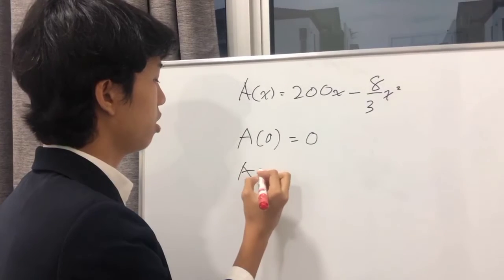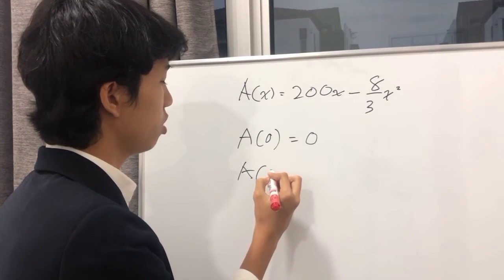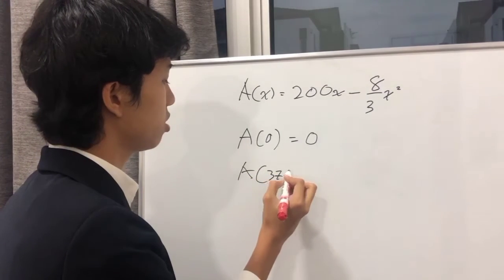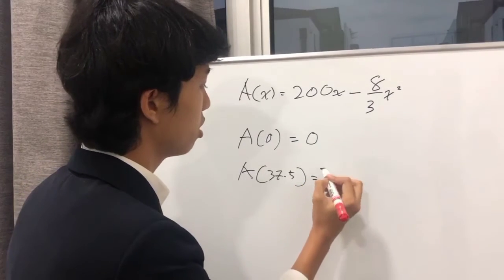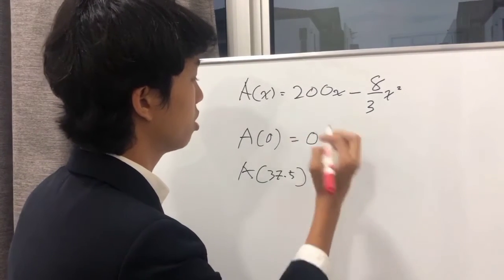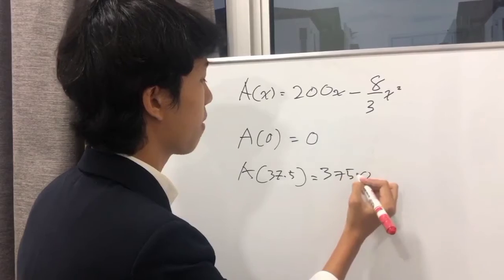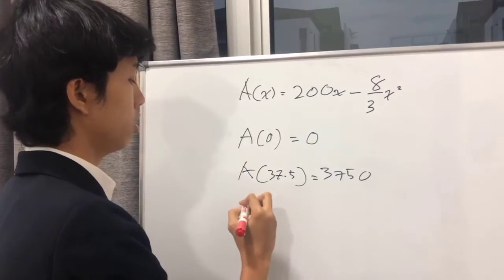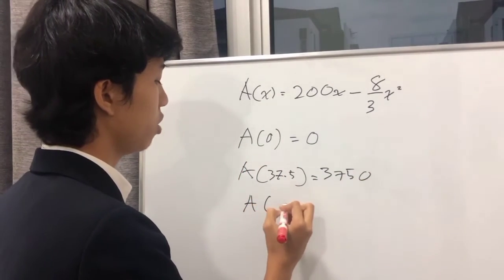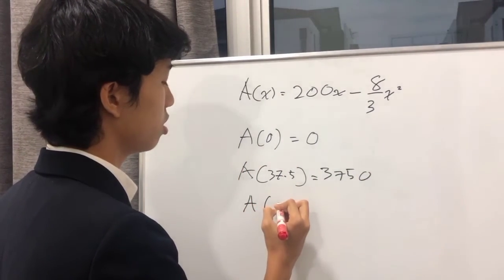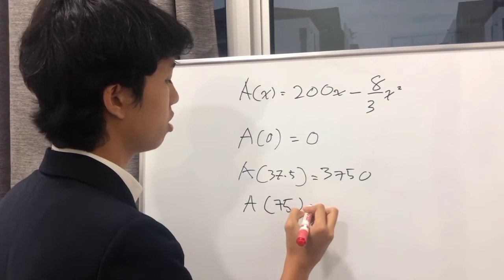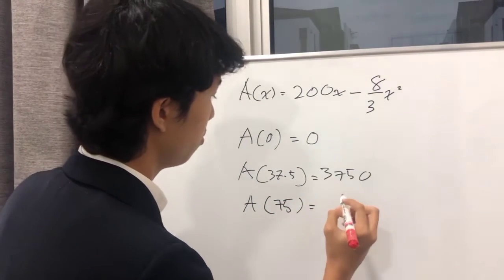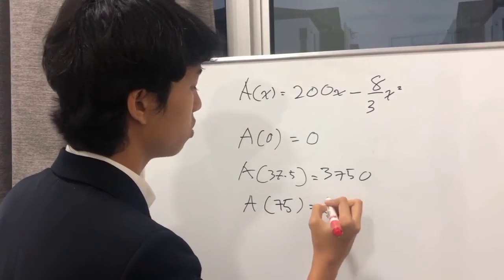If the value of x is 37.5, the area will be 3,750. And if the value of x is 75, the area will be 0.